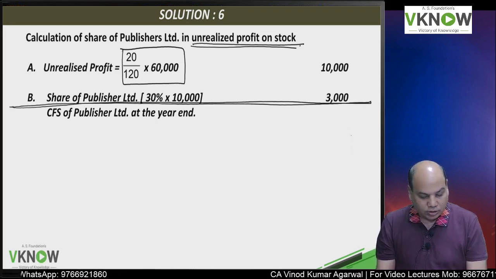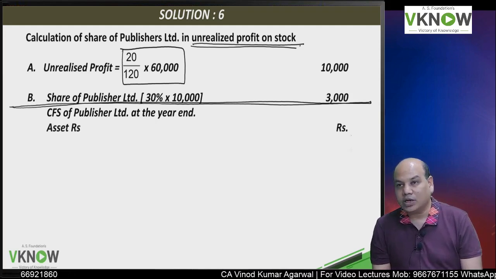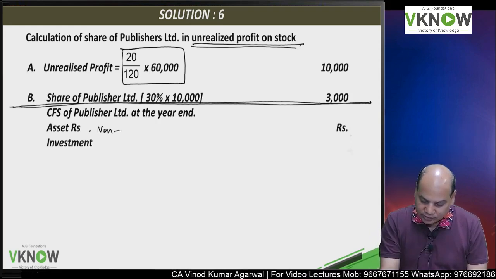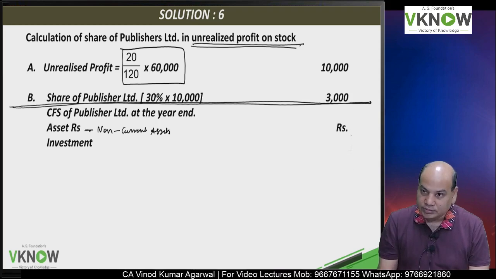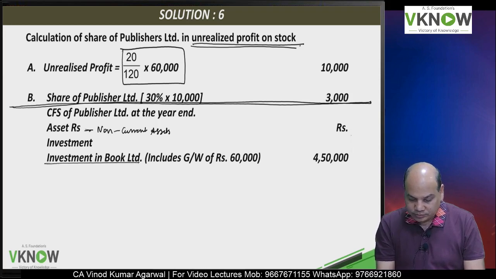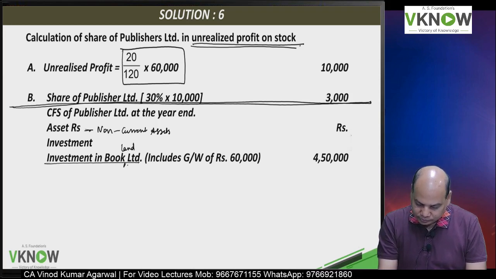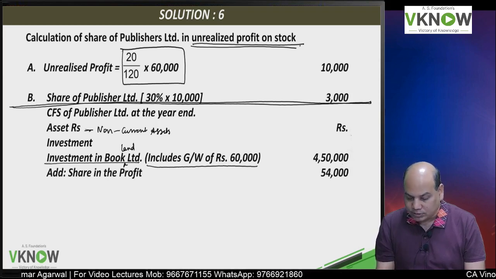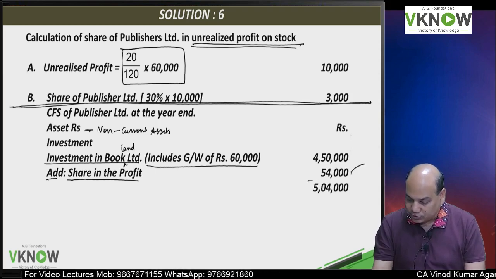Okay. Now how would the balance sheet look at the end of the year? CFS of Publisher Limited at the end of the year. Asset side, non-current asset. We will have investment in Bookland Limited, in bracket including goodwill of 60,000, 4,50,000 plus you will add share in profit, which we have computed, 54,000.